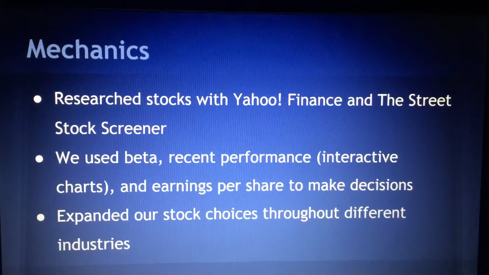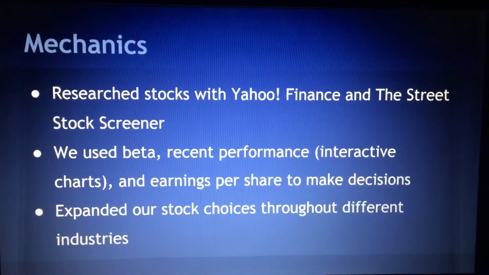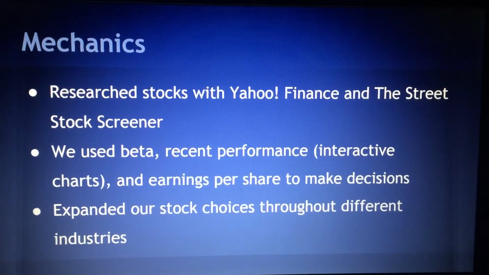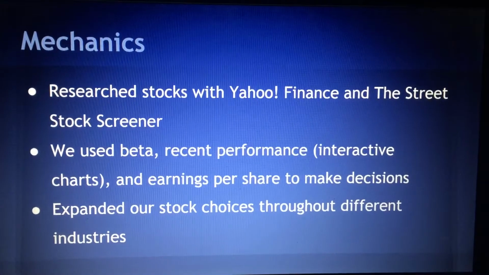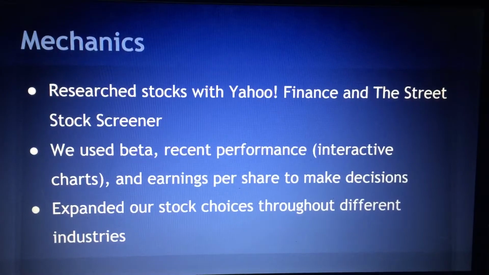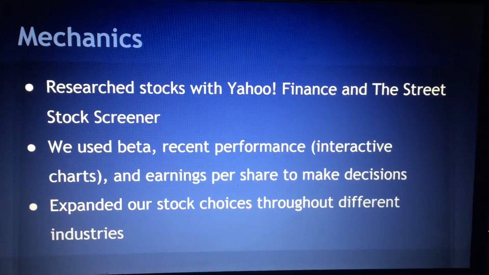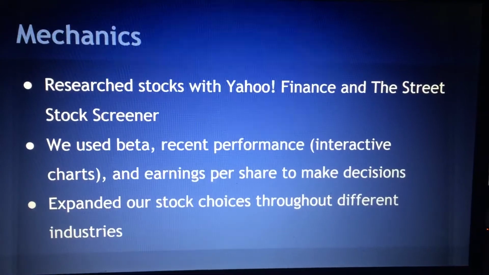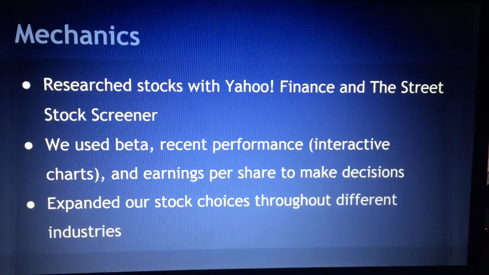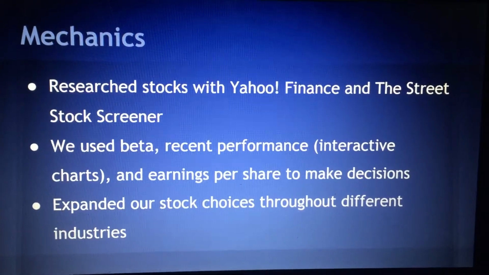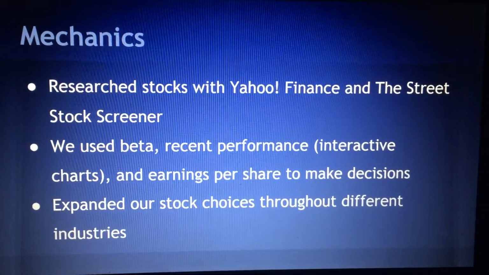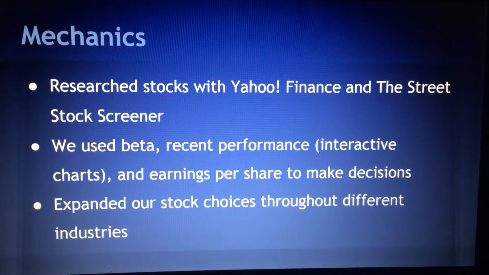Our strategy for researching stocks was mainly Yahoo Finance and TheStreet Stock Screener. We would use filters on TheStreet to see what the best buys would be. Mainly in the beginning, when we were conservative, we were looking at low beta stocks. Then as we got more risky towards the end, we were looking for high beta stocks.